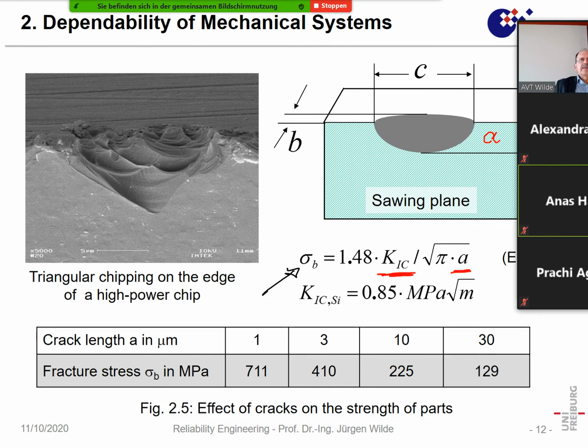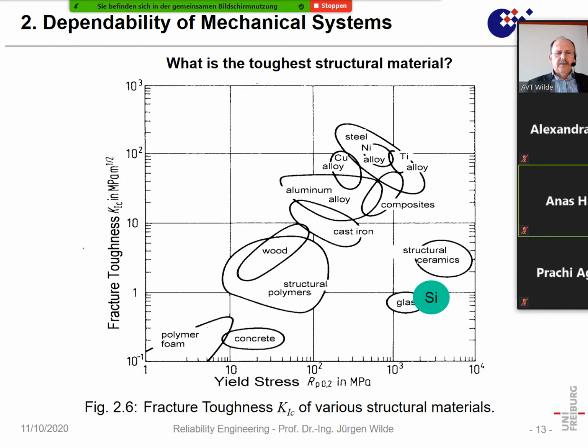So that means when you want to have reliable integrated circuits, for instance, then you must avoid any cracks on the chips, because these will degrade the strength significantly. Okay, so we also see that a crack is very important, and a crack can be very crucial for the survival probability of a device.